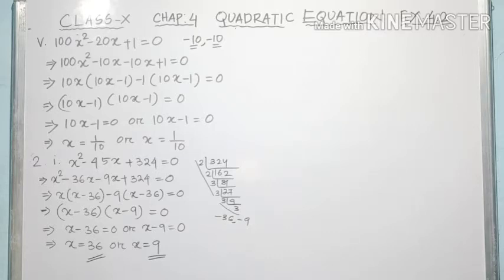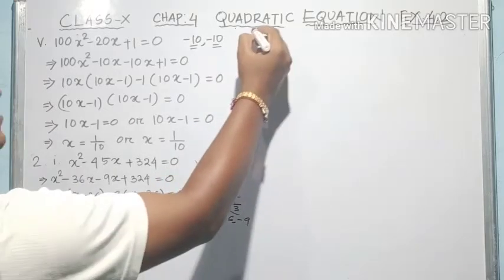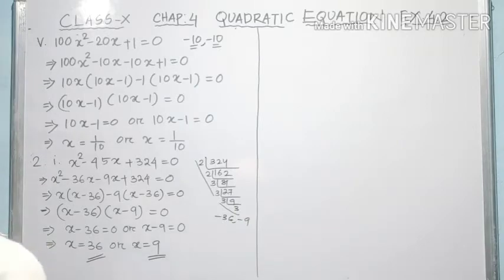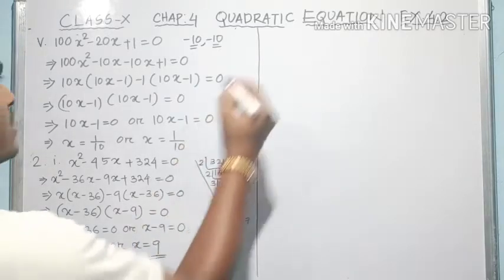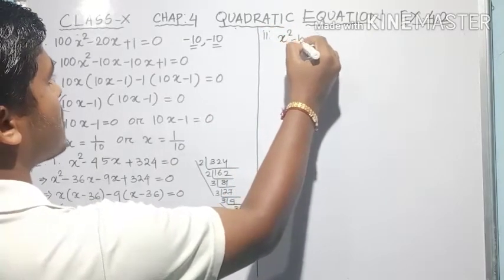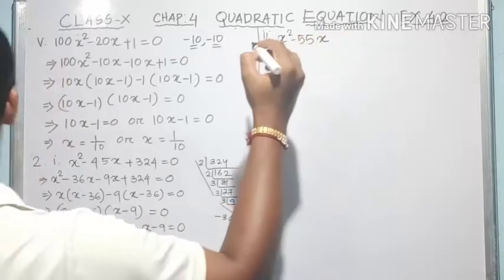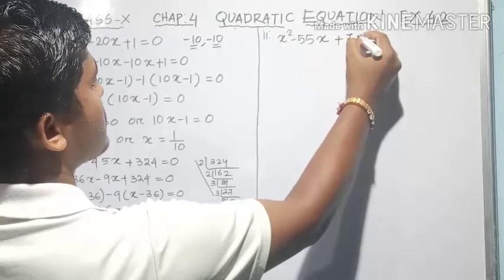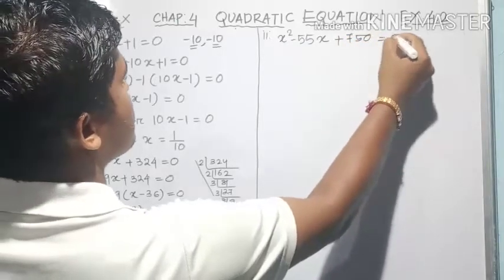Another equation is x square minus 55x plus 750 is equal to 0. So another equation we have, x square minus 55x plus 750 is equal to 0.